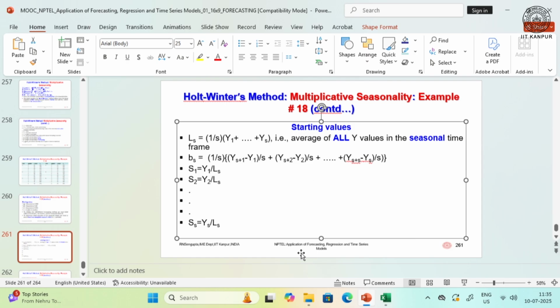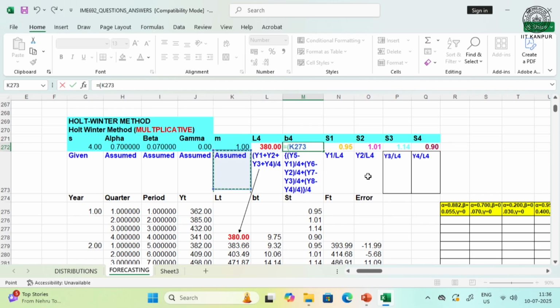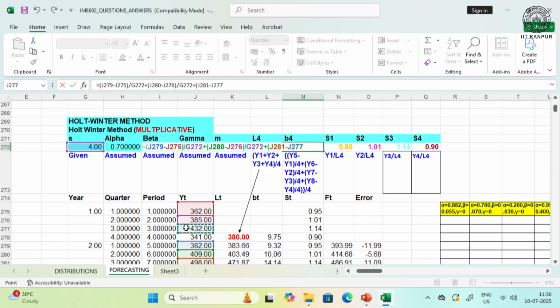I will utilize this formula which is already given here, but for simplicity it is given by y5 minus y1 divided by 4, 4 is from S, plus again y6 minus y2 divided by S, which is 4, plus y7 minus y3 divided by S, which is 4.